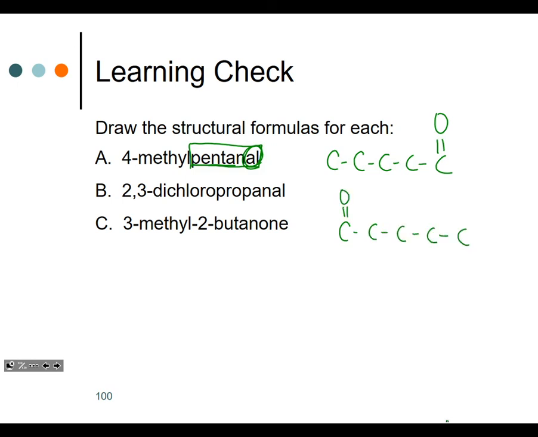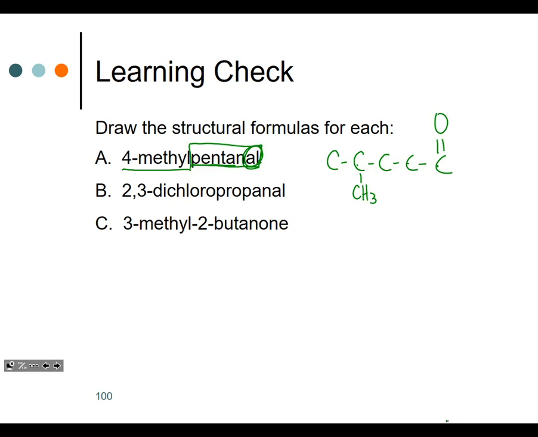That is completely okay. Remember, this is in 3D space. I could pick this up and flip it and reverse it. But I'm going to leave it like this. So there's my pentanal. Now, on carbon 4, I have a methyl group. So 1, 2, 3, 4. I'm not going to put it up because I'm running out of room. But there's my methyl. Methyl meaning 1 carbon.